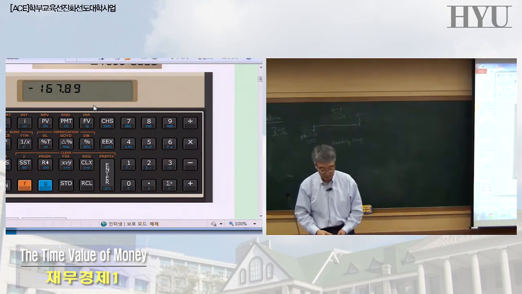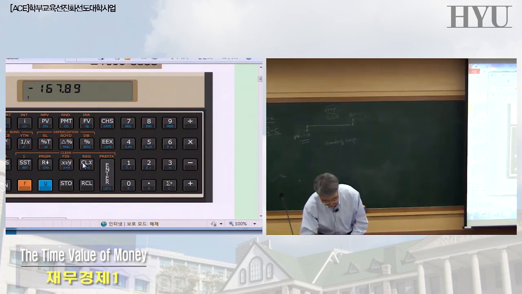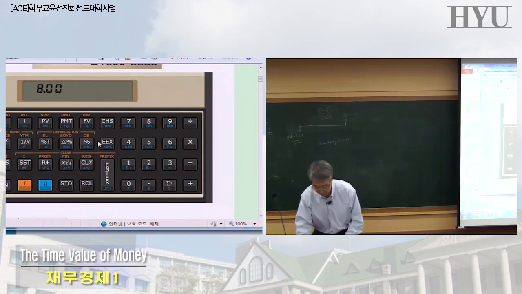I'll give you 1 minute. So clear the register, and 100 as the present value, and 8 is the number of years, and interest rate, what, 20? Interest rate.